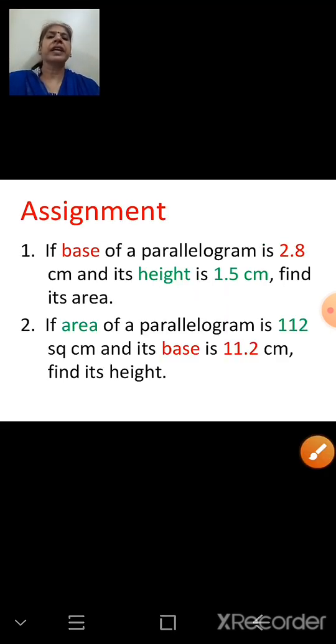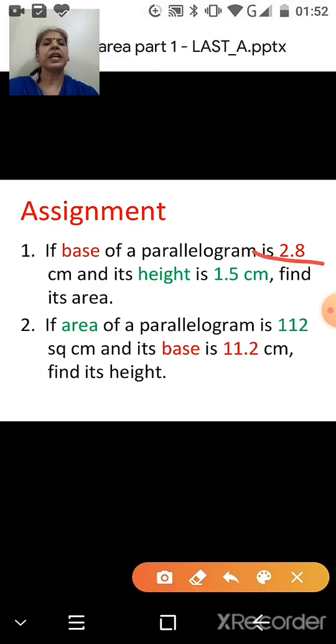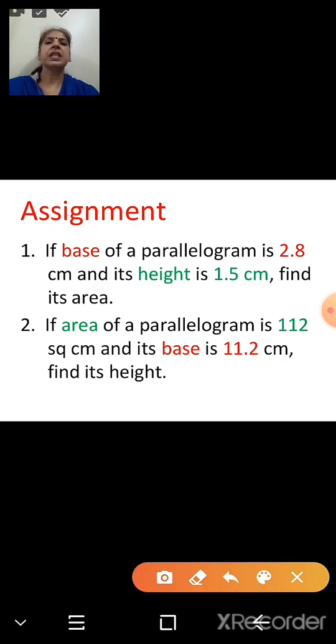Now this is an activity, an assignment: 2 sums you have to do with 4 steps given. First question: if the base of a parallelogram is 2.8 centimeters and its height is 1.5 centimeters, find its area.